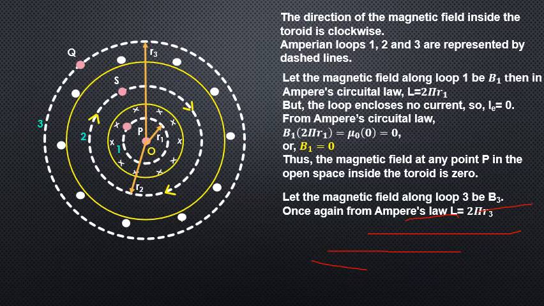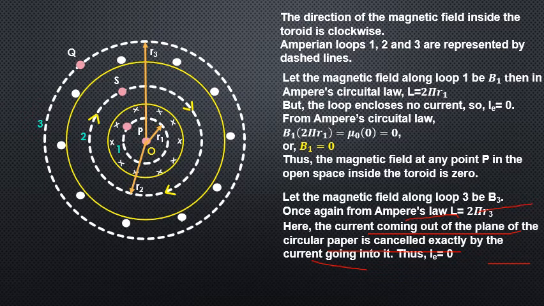So overall the current is cancelled, and the enclosed current for Amperian loop 3, the outermost loop, is 0. And that's why, by the same logic as earlier, the magnetic field B3 becomes 0, just like we have proven it for the previous situation.